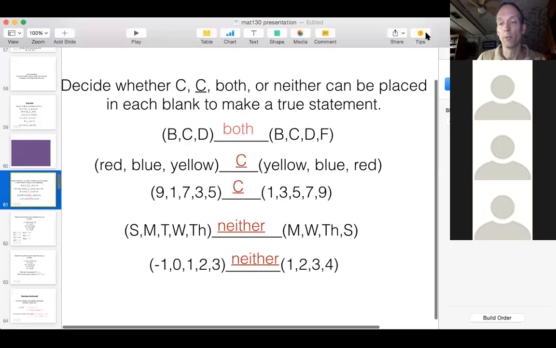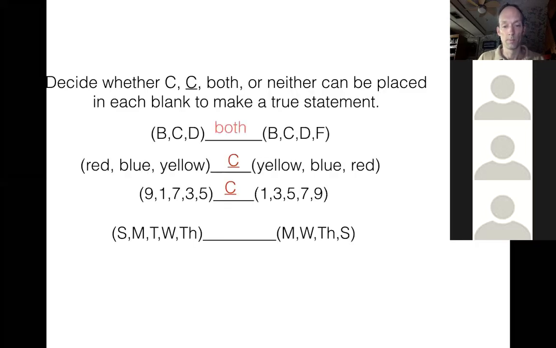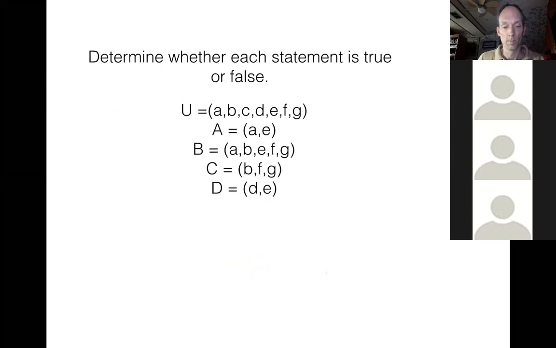Okay, and I gotta move something out of my way here so I can see the chat room again. Oh, okay, so now we're on the next page. It's going to give us all these different sets: universal space, set A, B, C, and D. And it's going to start giving statements to us.